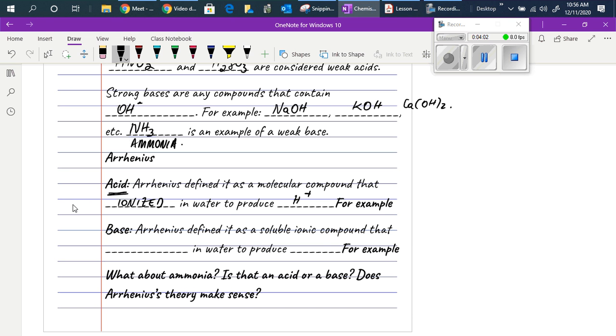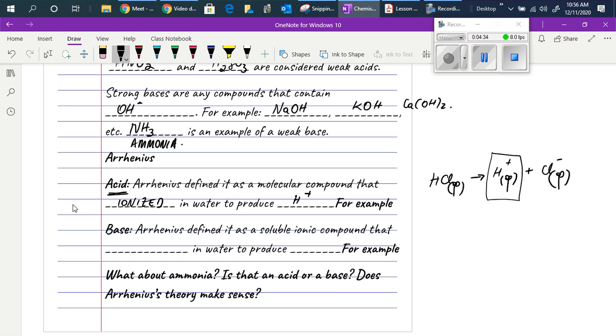For example, if we have hydrochloric acid, we have gone through this example so many times, then what is produced is hydrogen plus and a chloride ion in aqueous solution. So in this case, what we have is the production of the hydrogen plus.